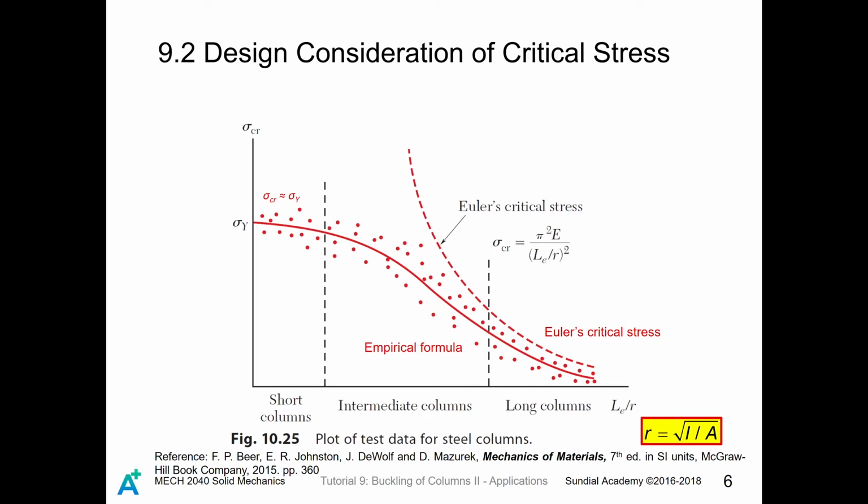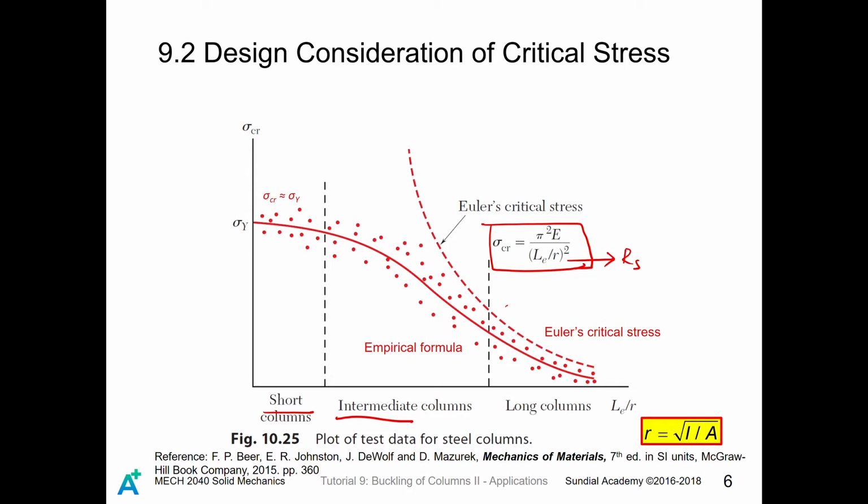From our experimental data, we can find that the critical stress of a column is estimated by the slenderness ratio, like this curve. This curve is very near to the experimental outcome if the slenderness ratio is high. But if the slenderness ratio is intermediate or short, then the critical stress inside the column could be different.